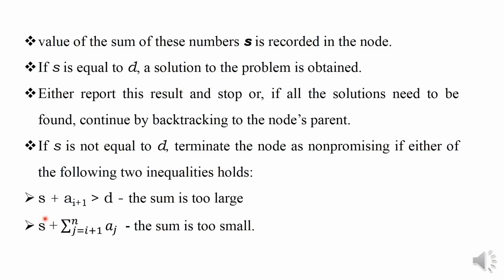And if to the currently generated sum, I include all the remaining items in the set, that is from i plus 1 until n, and still my value does not reach D, it is less than D, then also I will terminate the node as non-promising.